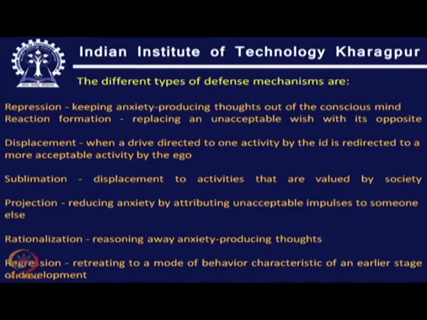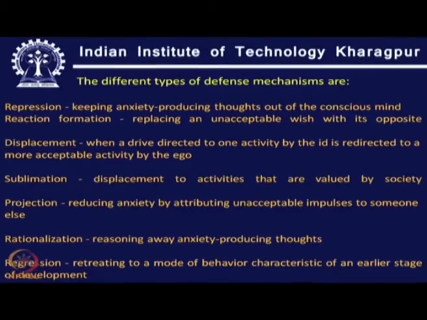The different types of defense mechanisms are: first is repression, keeping anxiety producing thoughts out of the conscious mind. We do not want anxiety producing thoughts to come to the conscious mind, so we repress them.